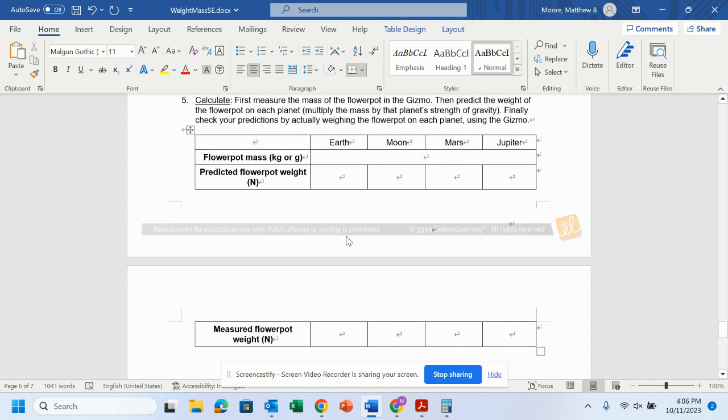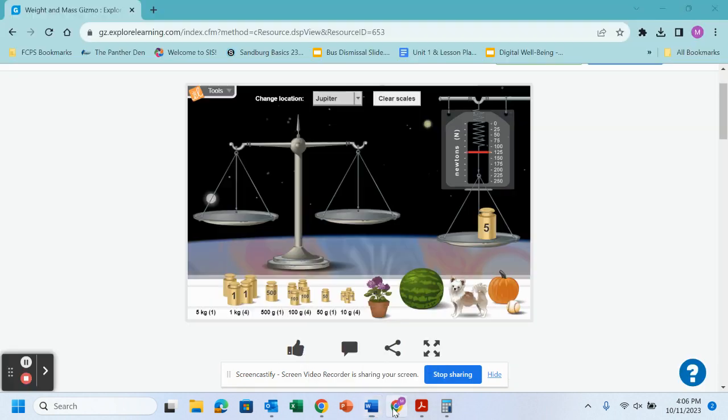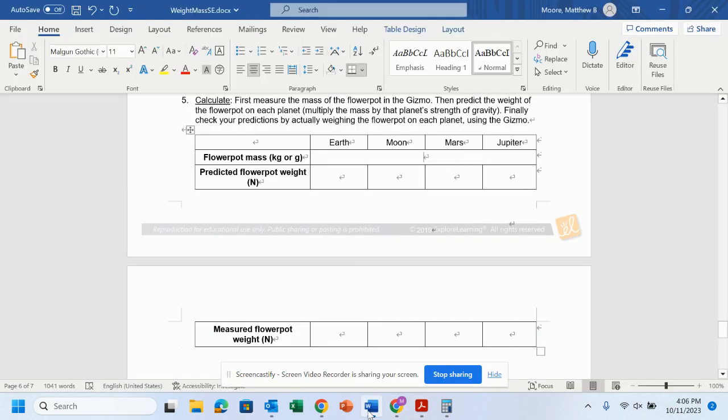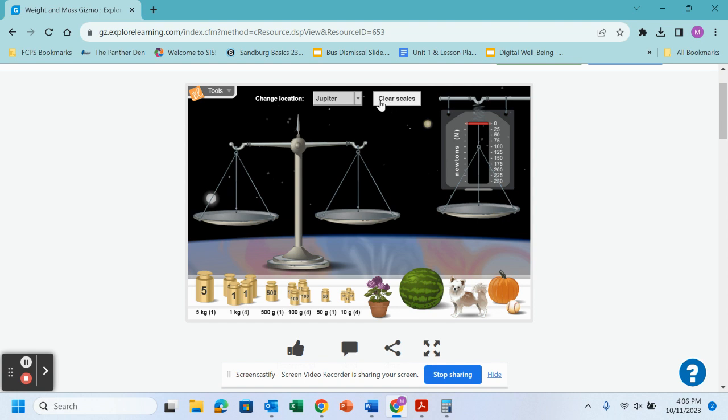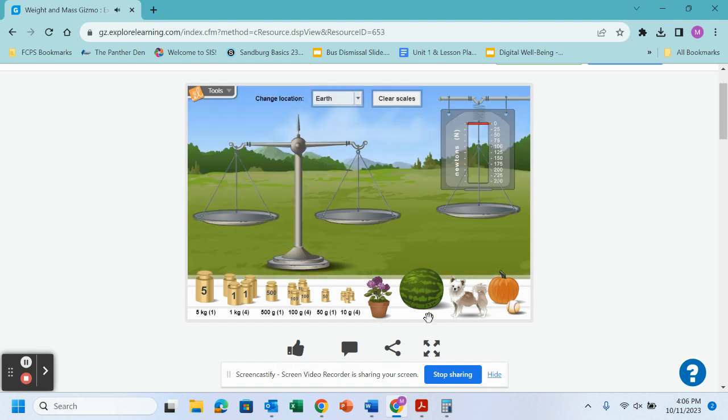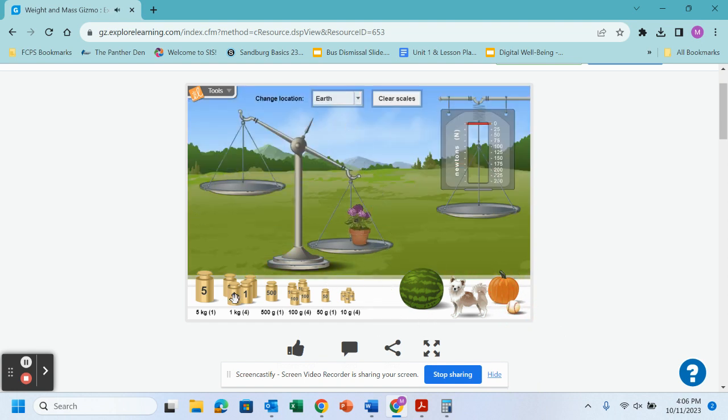Okay, so the mass of the flower pot. The mass is going to be the same regardless of where we are. Okay, that's too heavy.